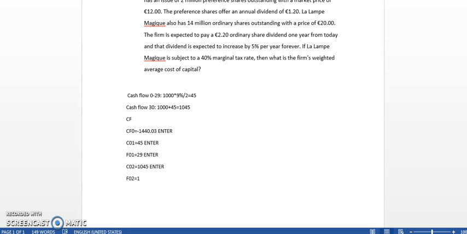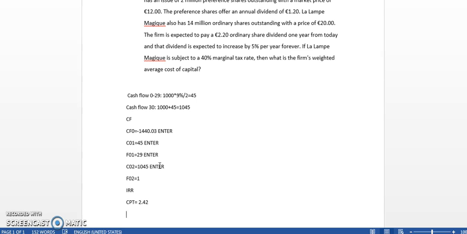So the next step is the most important one. We press IRR and then we press CPT, and it gives us the answer 2.42.